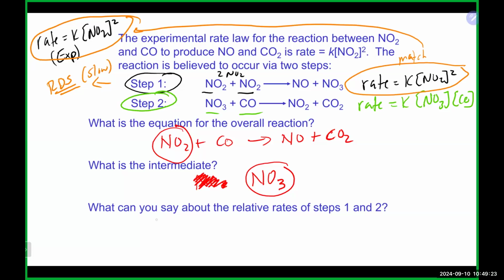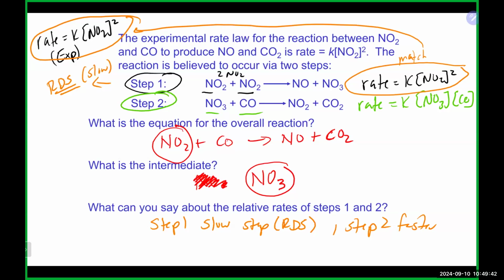So what that would tell us is, again, step 1 is our slow step, our rate determining step. And step 2 then should be faster than that, right? It should be faster, obviously, than step number 1. Any questions on that there?